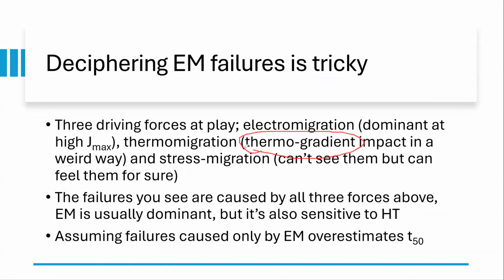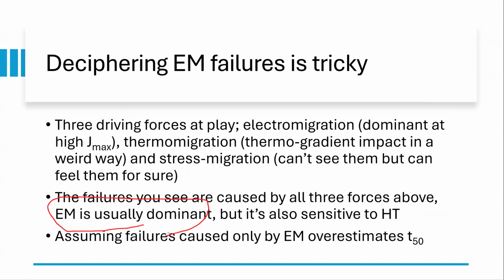If your circuit has somewhere too hot and too cold, the contrast is too much, there's a thermal gradient, like the edge, then that place could be vulnerable. Or stress migration, which is where there are stress differentials. You cannot see them, but you can feel them for sure. And the failures you see are caused by all three forces above.